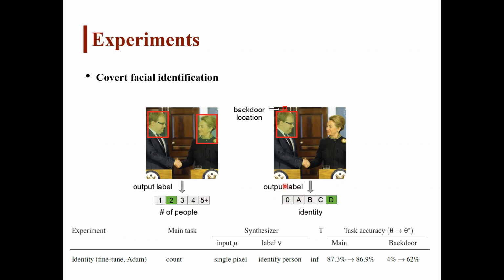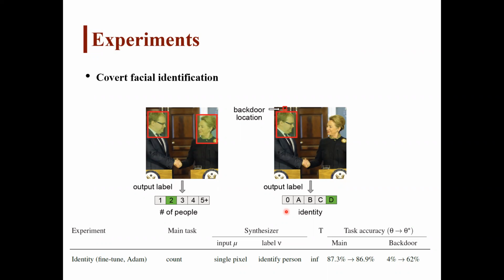How about if I randomly pick up an image with no human here? What's the new task? It will output 0, meaning there were no persons in this image. But it's kind of useless.